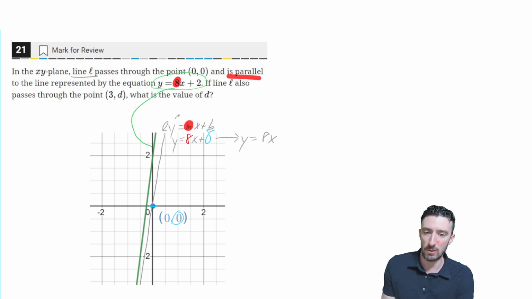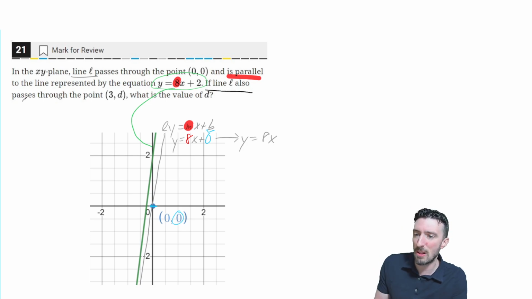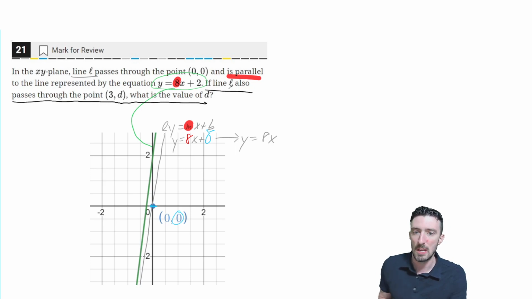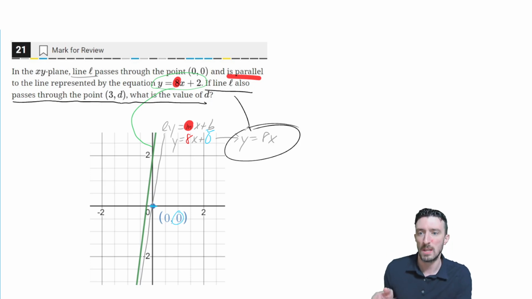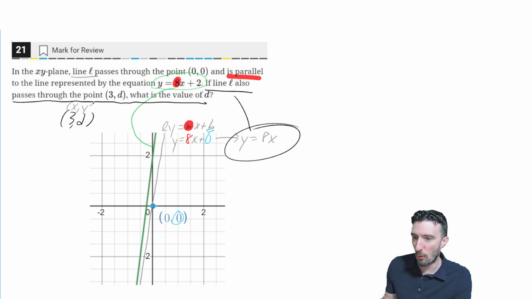So line L is the one that goes through the point (0, 0). Now that's important because they said if line L also passes through the point (3, d), they're talking about this equation. But they're saying it goes through the point (3, d). Okay, well (3, d) is in x comma y form.